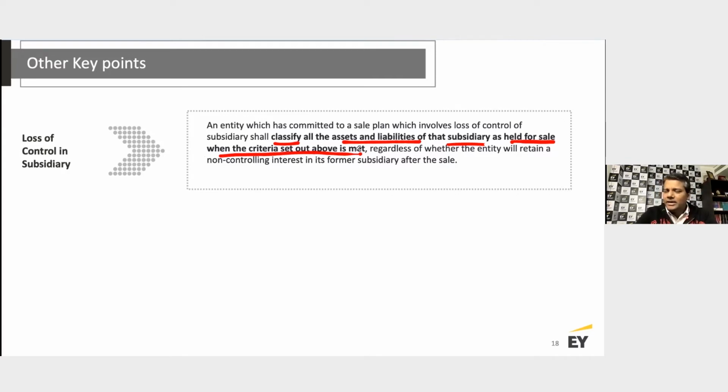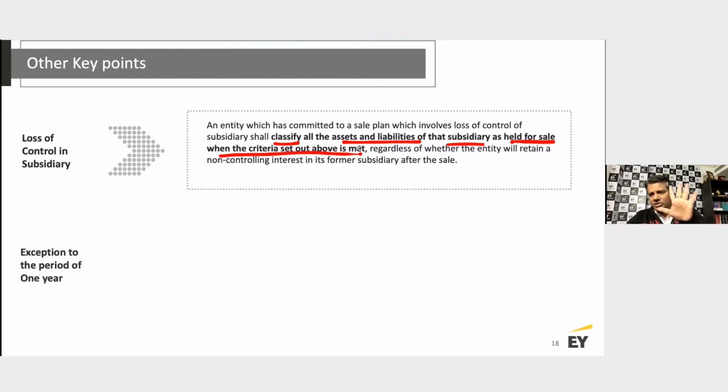What are those 5 criteria? That the management has approved the plan, the sale is likely to complete in 12 months, you're actively looking for the buyer at a reasonable price, and you are unlikely to change your mind. Okay, good. So if those 5 criteria are met, you can classify them as held for sale. And the same goes for when I'm going to lose control over my subsidiary.